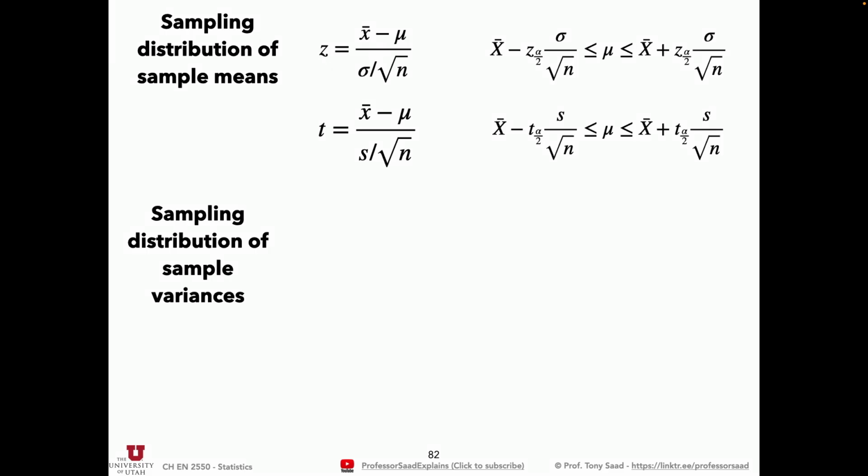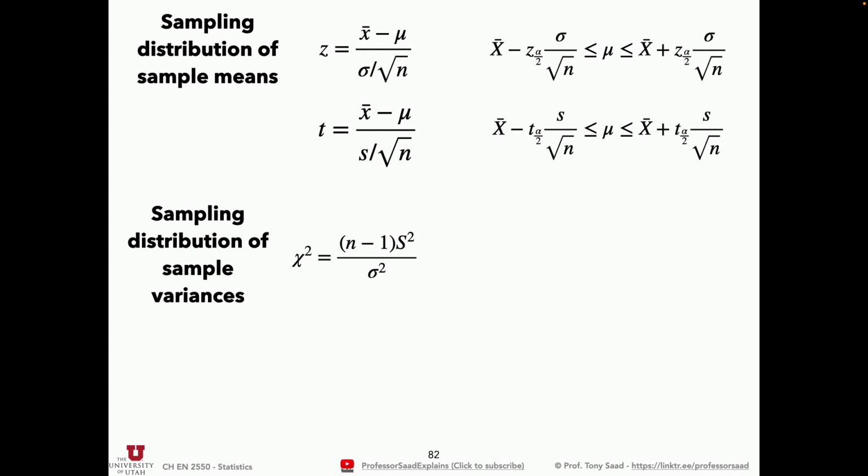But when you look at the sampling distribution of sample variances, we're assuming the population is normal, and even if it's not, we will assume that they all follow a chi-squared distribution. So the equivalent of the t and z value for variances is a chi-squared variable, defined as n minus 1 s squared over sigma squared.